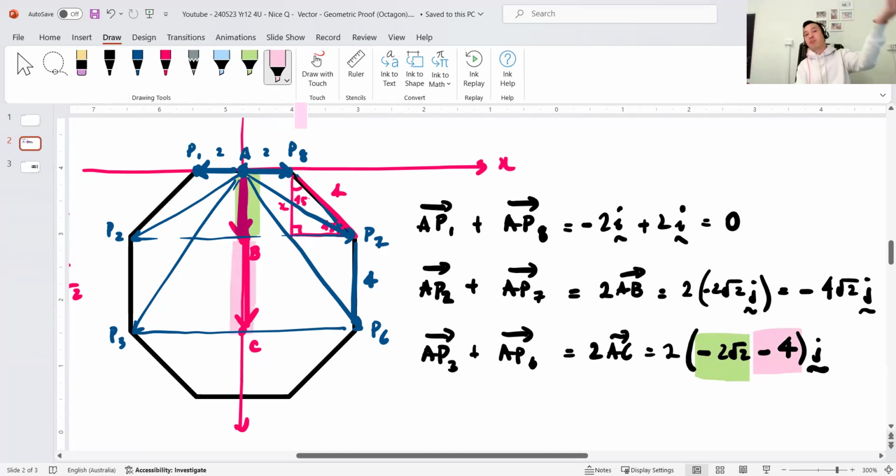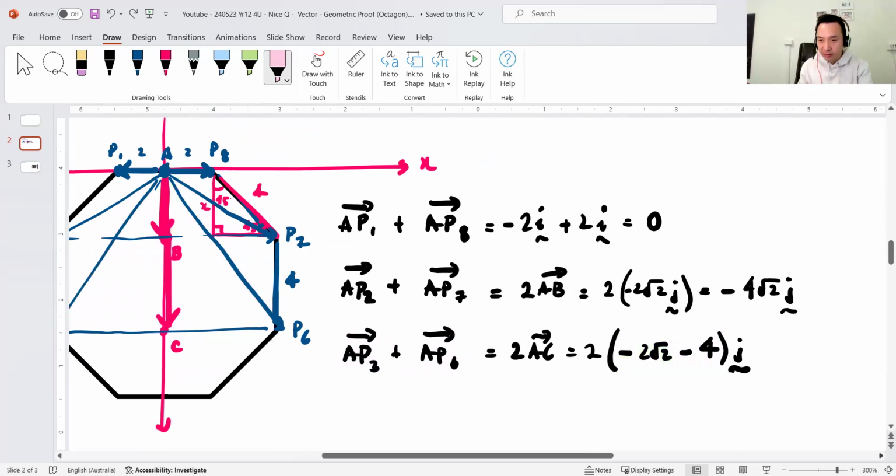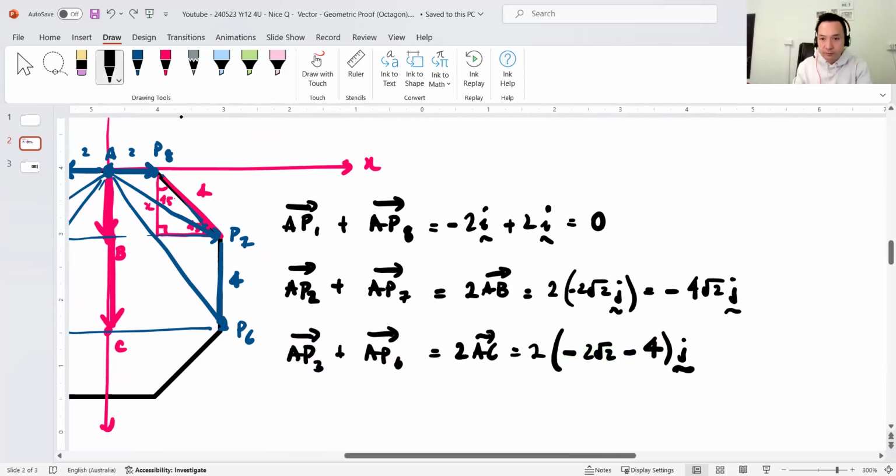And as a vector, it'll be minus 2 root 2 minus another 4j. Now, why is it multiplied by 2? Because when I add these two vectors together, the x values cancel out, and you get 2 times the y values, right? Yeah, cool. So guys, once I get that expression, you can expand that a little. So that becomes negative 4 root 2 minus 8j.